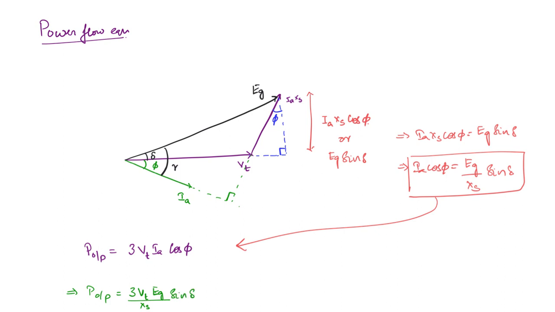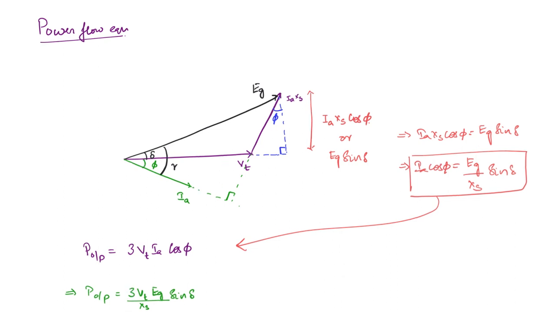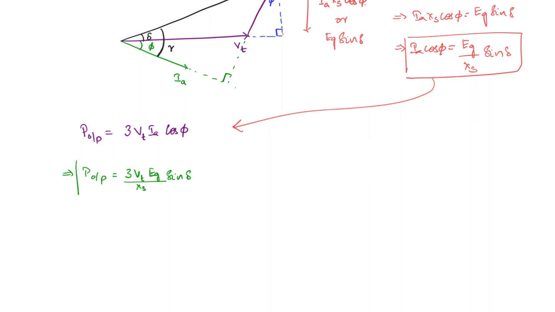Okay, so you can see here this is in the same format as what we have discussed in power system stability. Now this 3 here, what is it? It means it is for all the 3 phases. So this is the important final expression for the output power, but remember we are assuming negligible armature resistance.